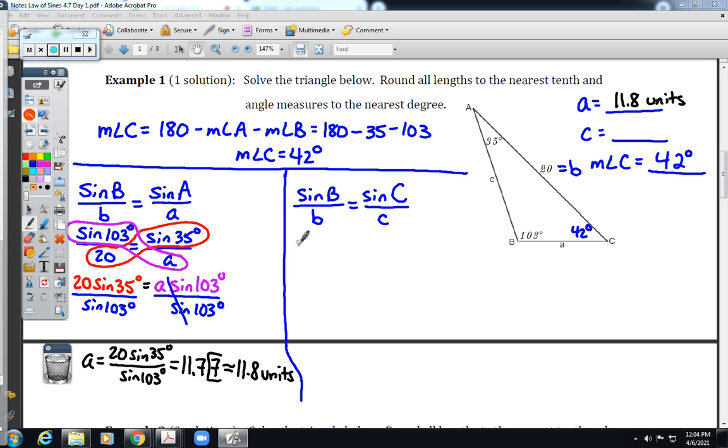So that would be the sine of 103 over 20 equals the sine of our newly discovered 42 over c. And the work will essentially be identical to what we did for little a. So cross multiply: 20 sine of 42 degrees equals c sine of 103 degrees.